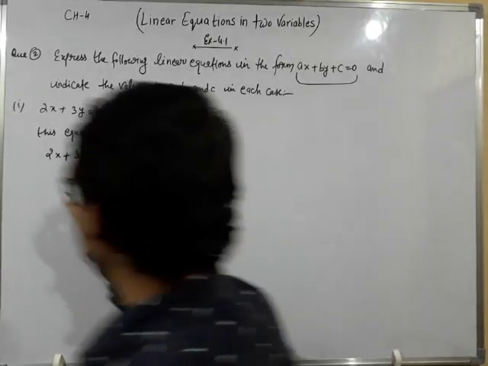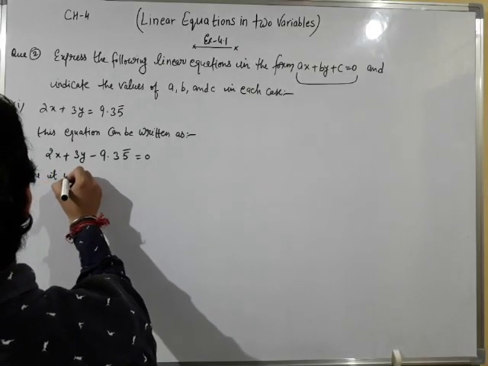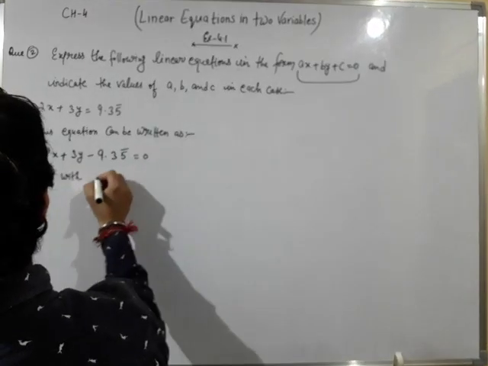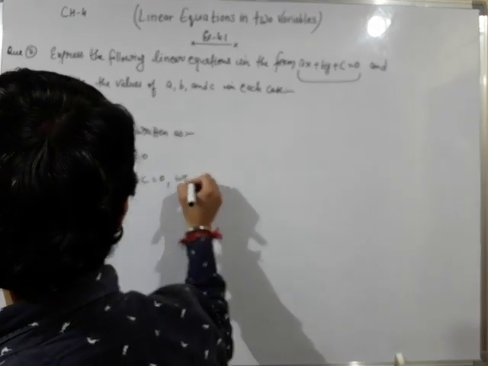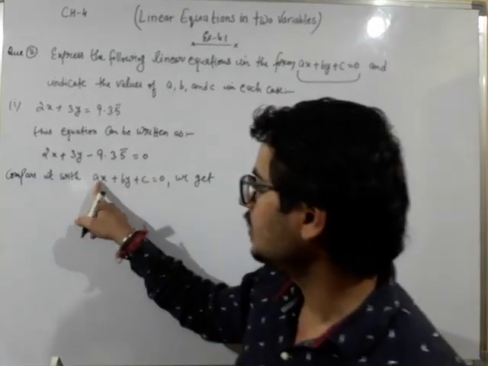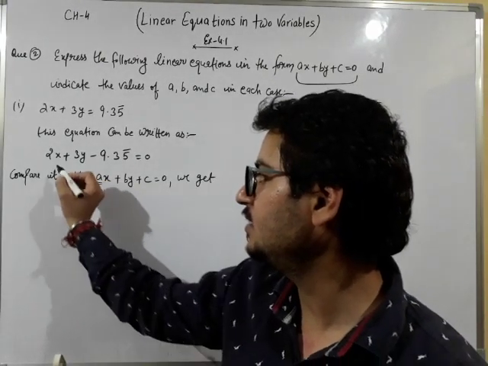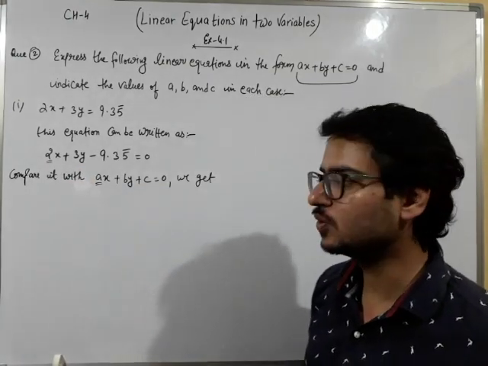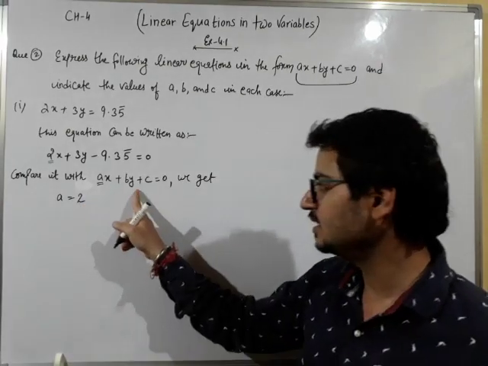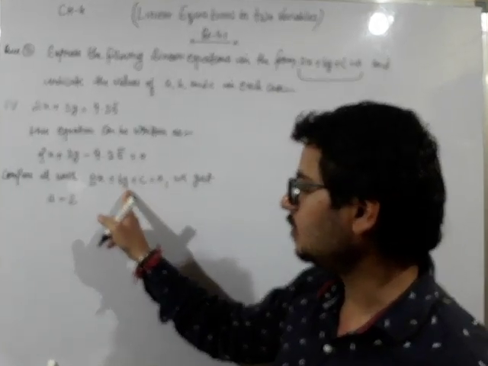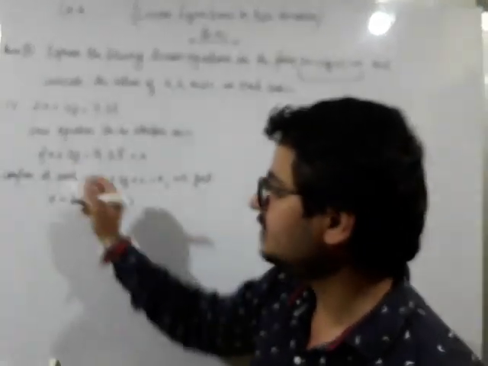So compare it with ax plus by plus c equals 0. We get that here the coefficient of x is a, and here the coefficient of x is 2. So on comparison we get a equals 2. Here the coefficient of y is b, and here the coefficient of y is 3.